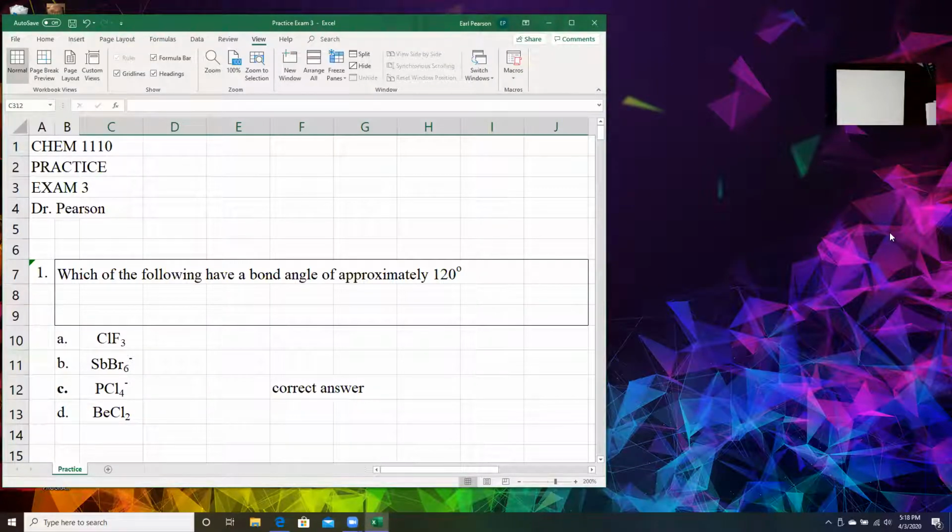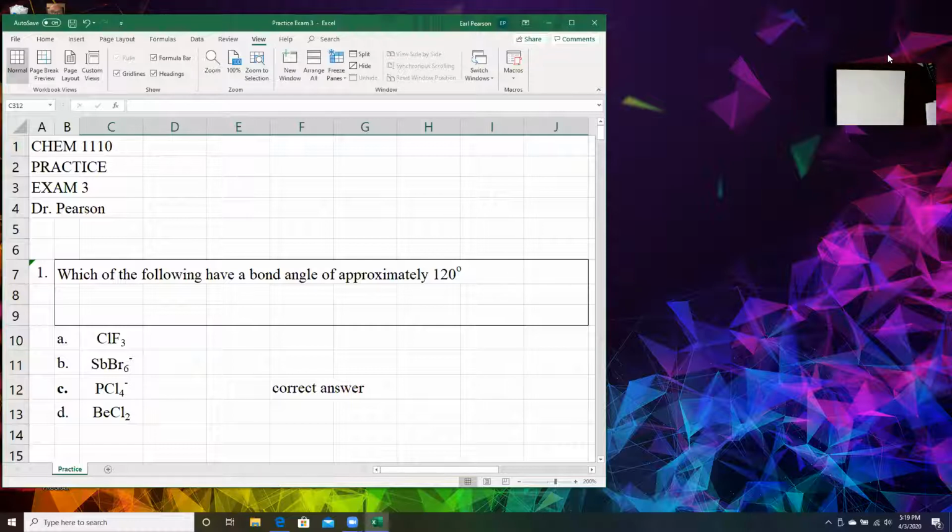Now, what you should see on your screen is a big copy of the question on practice exam 3 and, right now, a little small thumbnail that has my work area on it.